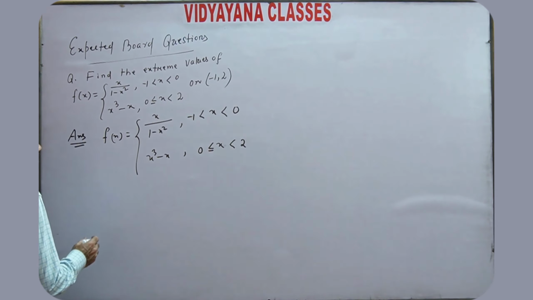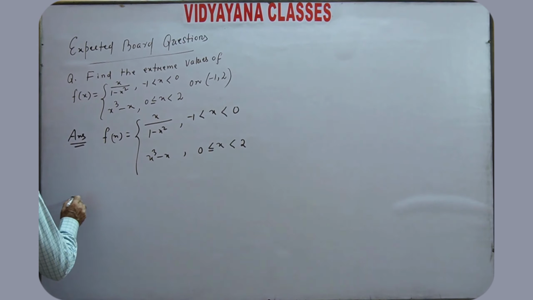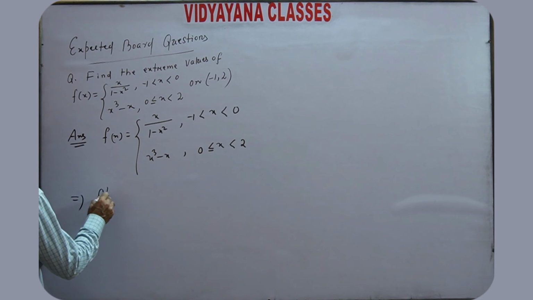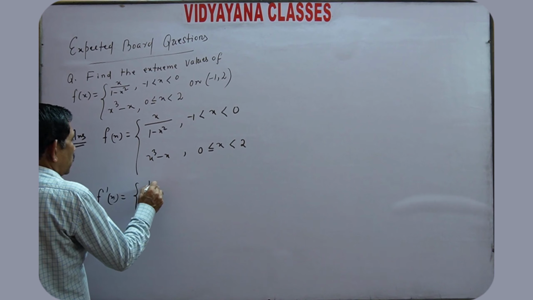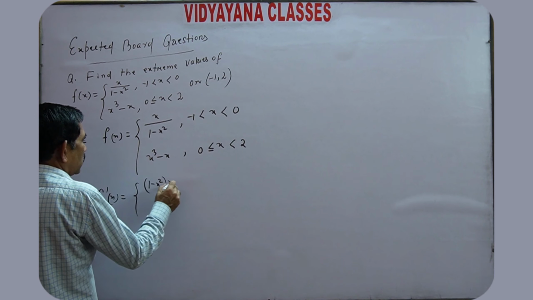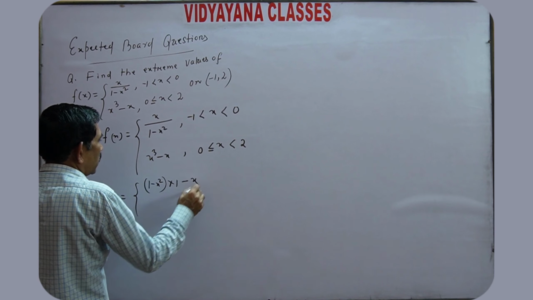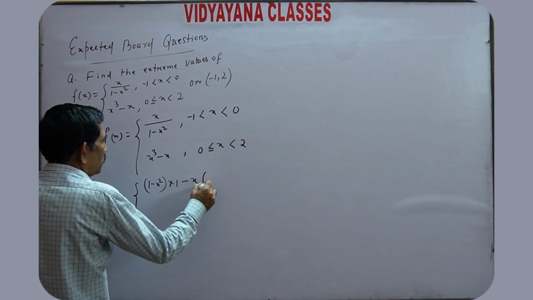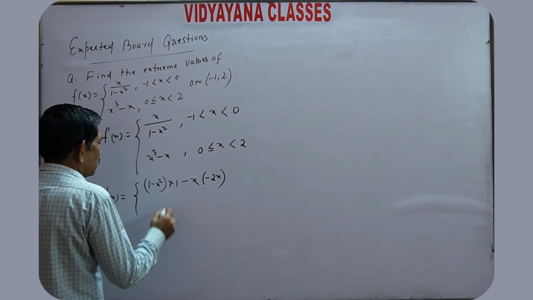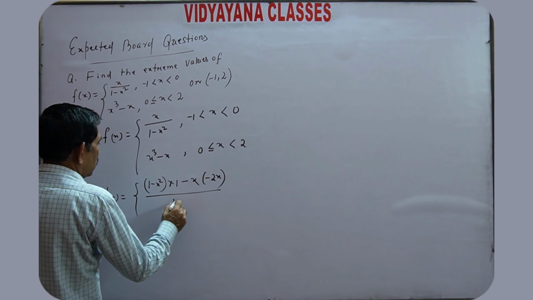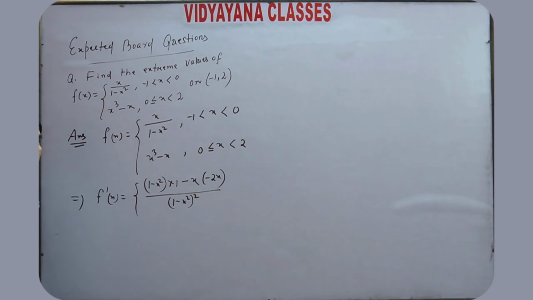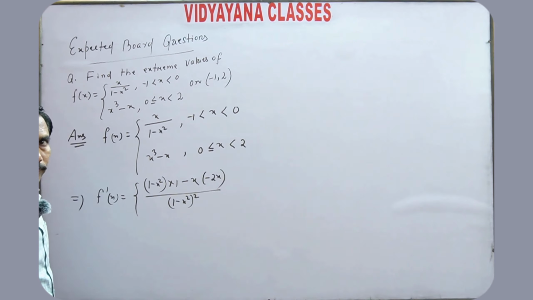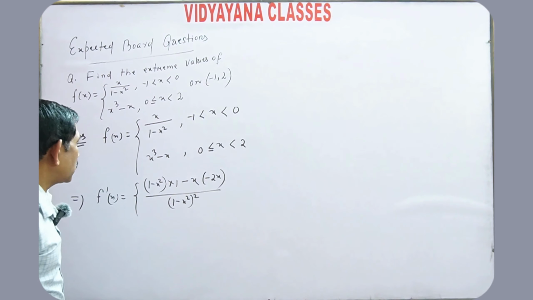Differentiating both the sides with respect to x implies f dash x is equal to 1 minus x square into 1 minus x into minus 2x, whole divided by square of 1 minus x square. Clear? Okay.